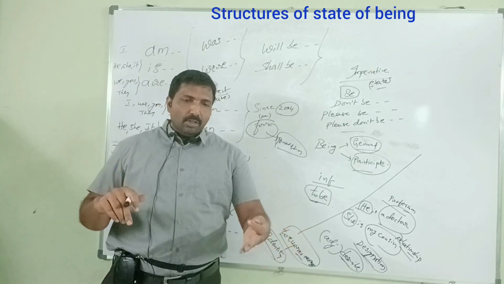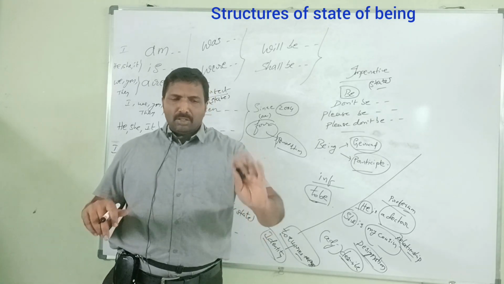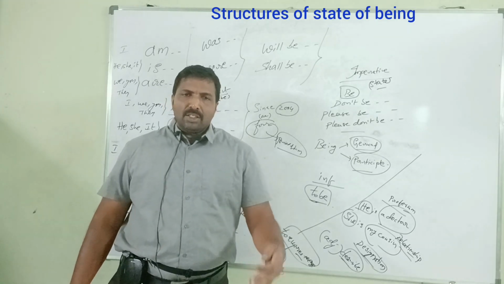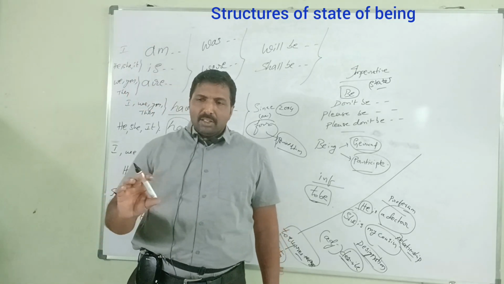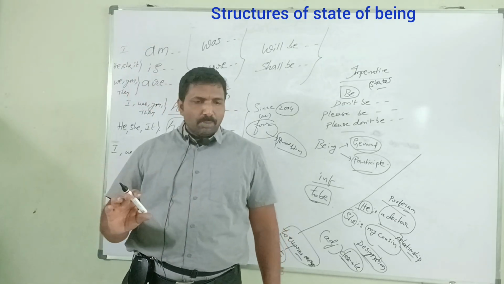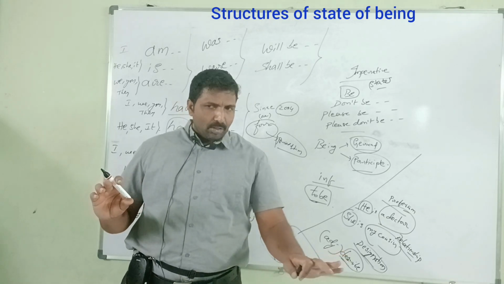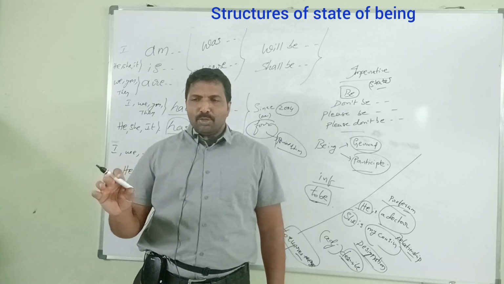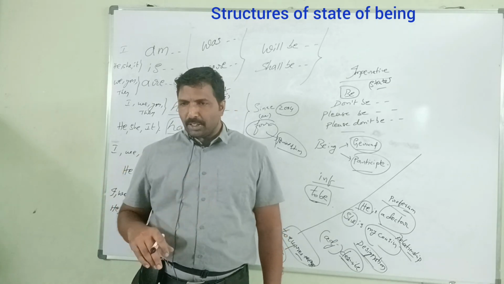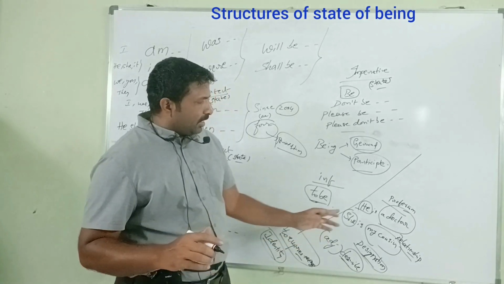Teja is 8 years old boy. Teja is a fourth class student. That a fourth class student is giving some information about Teja. It can be anything. He is a doctor.